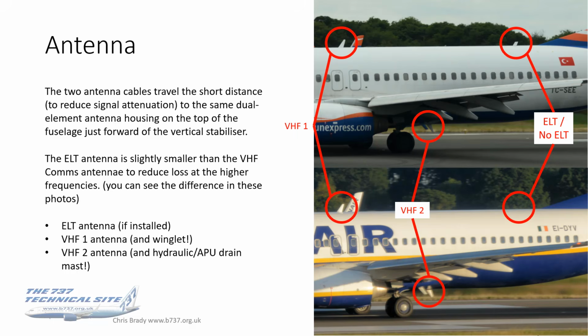So as it's using a slightly shorter wavelength, because it's a slightly higher frequency, the antenna needs to be best matched to that. And I forget whether it's a quarter or a half wave dipole, but the point is the shorter antennas are used for higher frequencies. And that's what we're seeing here. VHF, which we know to be in the sort of 120, 130 megahertz range, uses a slightly bigger antenna.